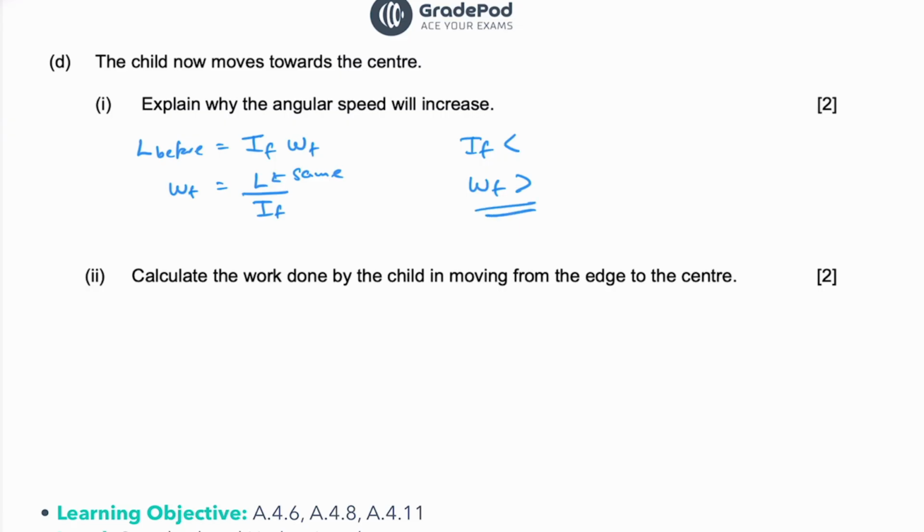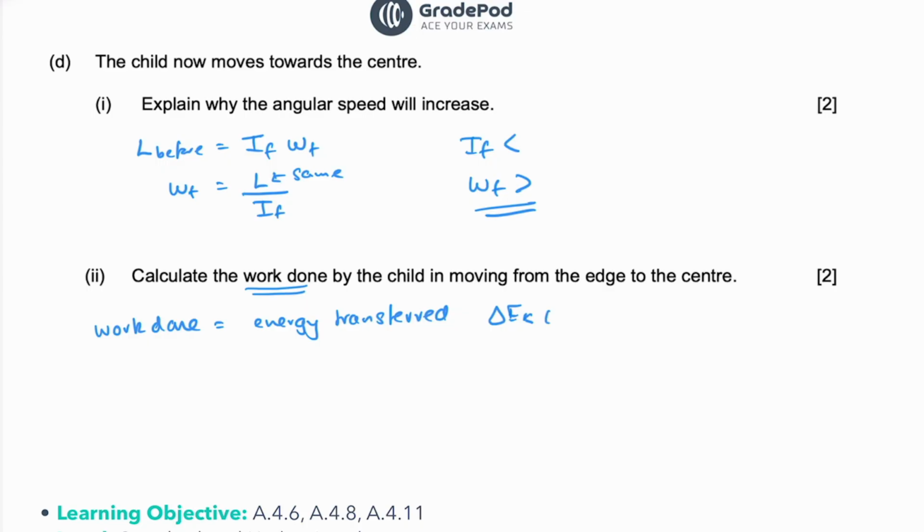That's why. 2. Calculate the work done by the child in moving from the edge to the centre. Work done. Do you remember I told you in A3, always write down work done equals energy transferred. What this is asking is, what is the change in kinetic energy when the child is moved from the edge to the centre?